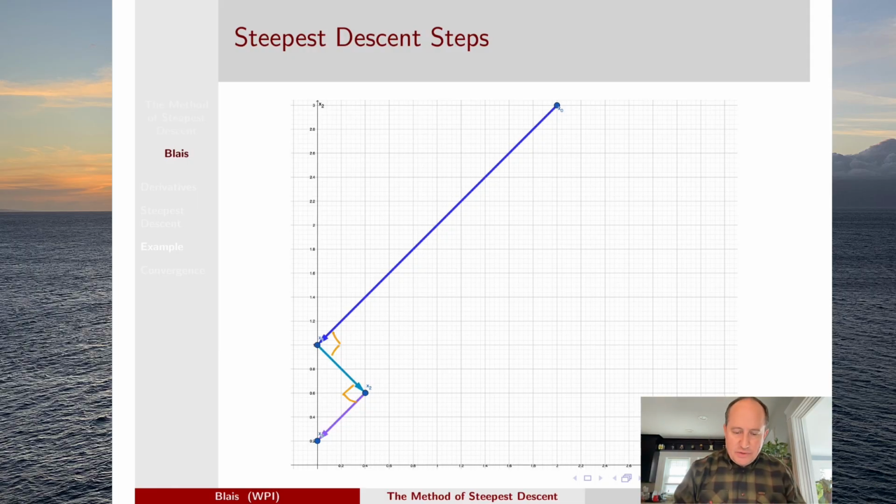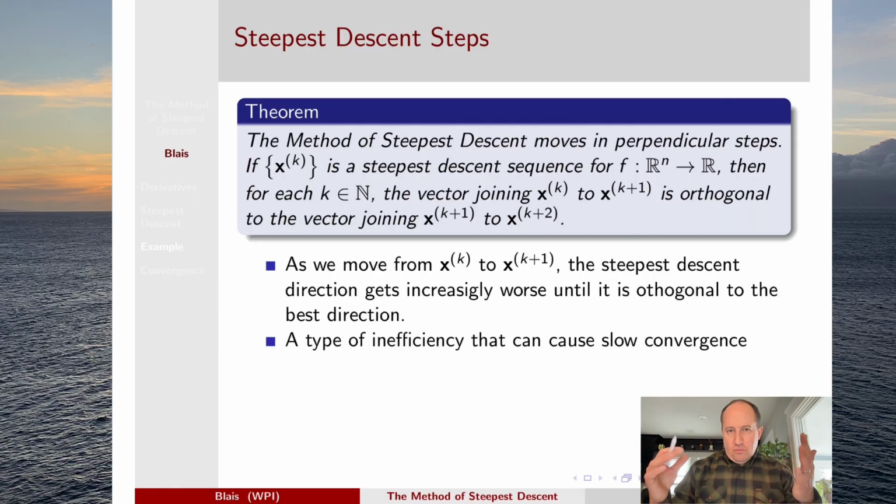So this is kind of an interesting property of steepest descent. Formally written here, the method of steepest descent moves in perpendicular steps. Formally by that we mean if we take the vector joining xk to xk plus 1, that vector will be perpendicular to the vector joining xk plus 1 to xk plus 2.